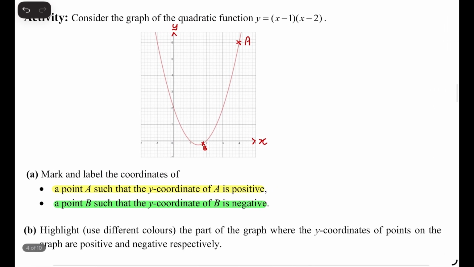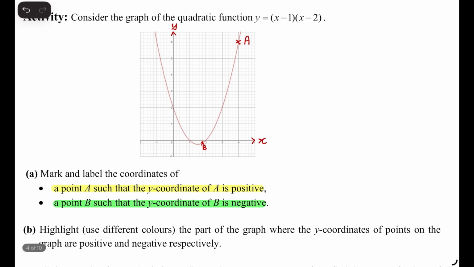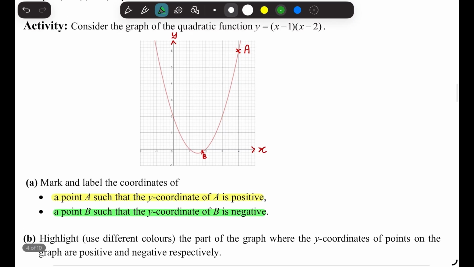If I were to use a highlighter now to highlight the parts of the graph where the y-coordinates of the points are positive and negative, based on this smiley face graph: for all the y-coordinates being positive, I can highlight this entire portion here and here.